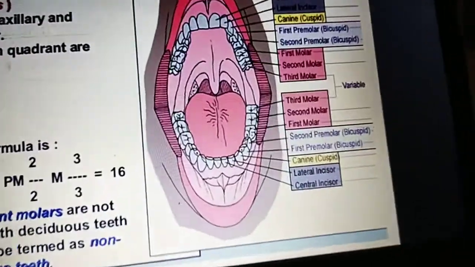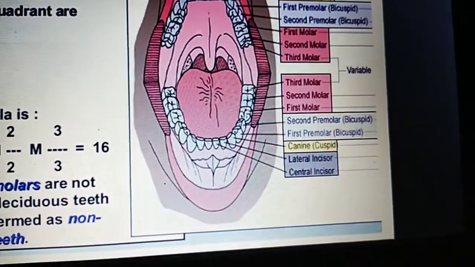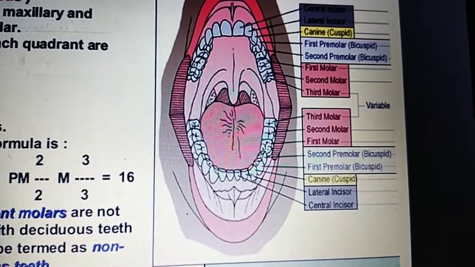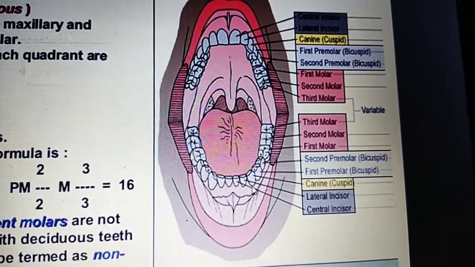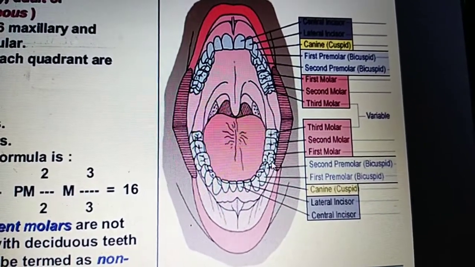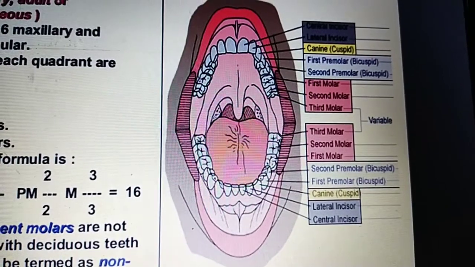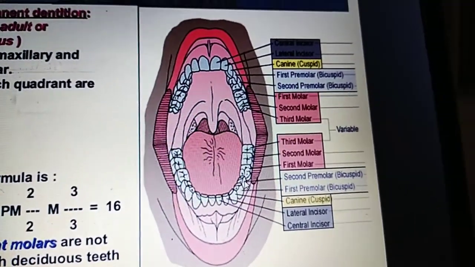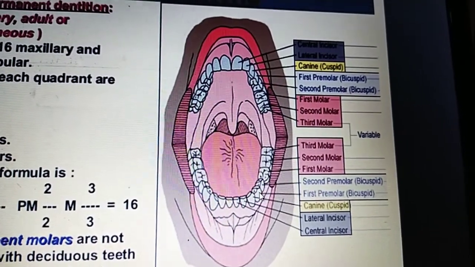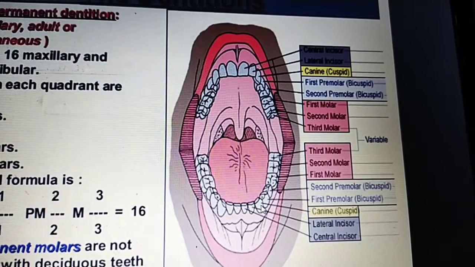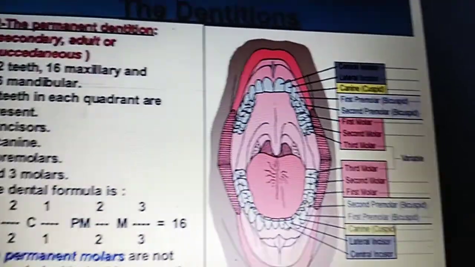You can see in this picture, this is a canine, and these 2 are incisors. These are the premolars, and these 3 are molars.